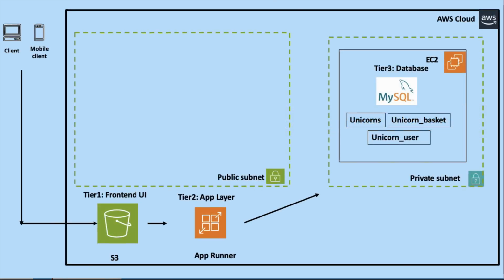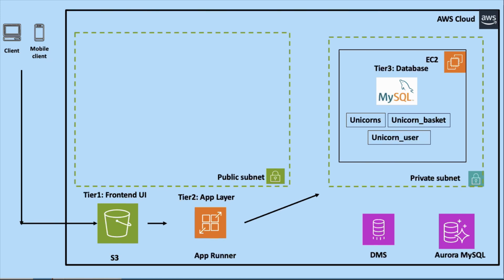So this was our previous architecture where we had the front end stored in S3 as a static web hosting. Then the middle layer, which is the app layer, is hosted on App Runner. And the third one, which is a database, still running on the EC2. So in this lab, what we will be doing is we will deploy one Aurora MySQL regional cluster in the region where we deployed this. And we'll also use one more service called Database Migration Service, which is called DMS.